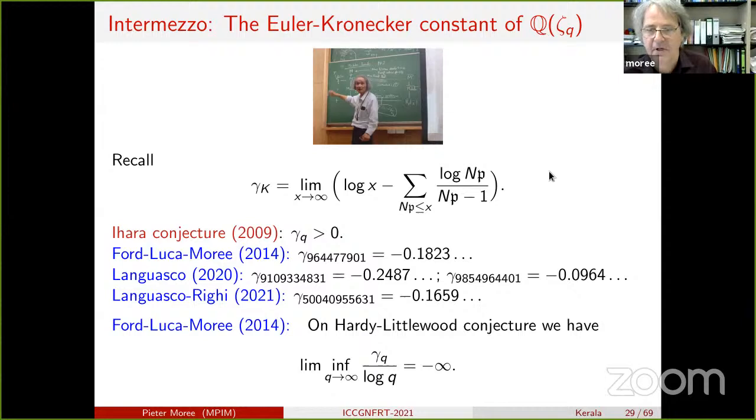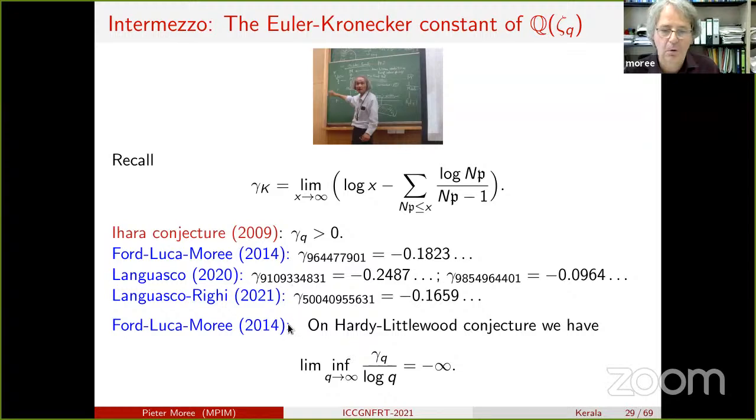So if q gets large, you would expect this sum to be small, and so maybe you would expect this constant to be positive. What we showed is that extremely rarely this gamma could be negative. So that means that this Ihara conjecture actually is wrong. But the set of primes for which it will be wrong is incredibly thin. I mean, we cannot prove there are infinitely many counterexamples.